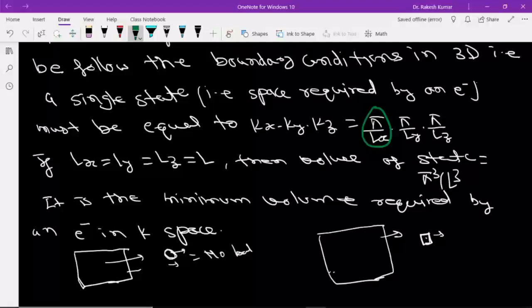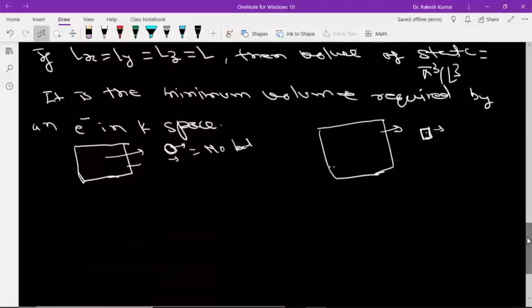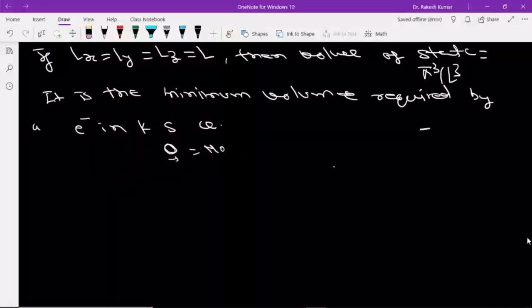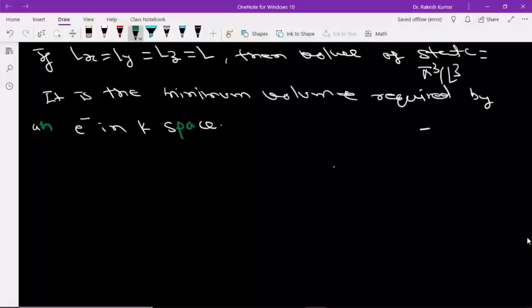So by dividing this volume into the whole volume of that space in momentum, we can get the number of density of states. This is the volume occupied by an electron in K space.